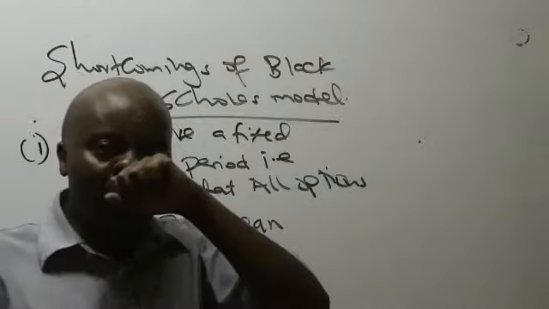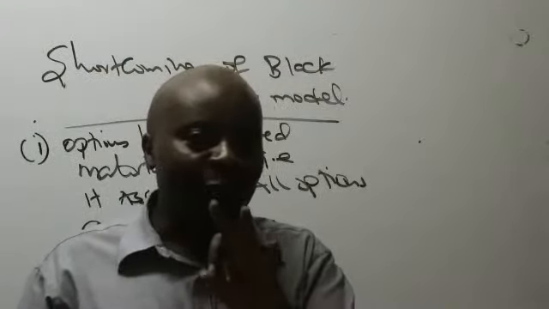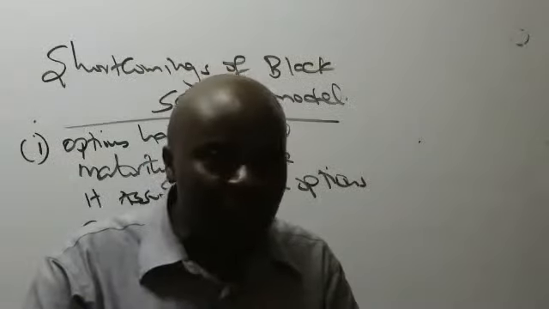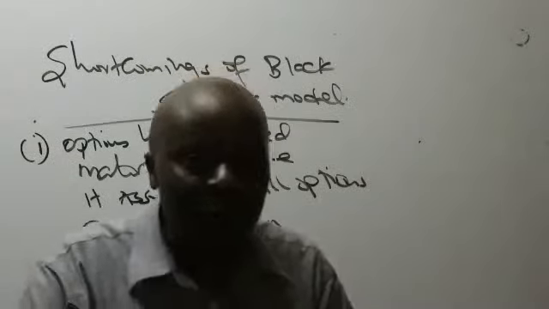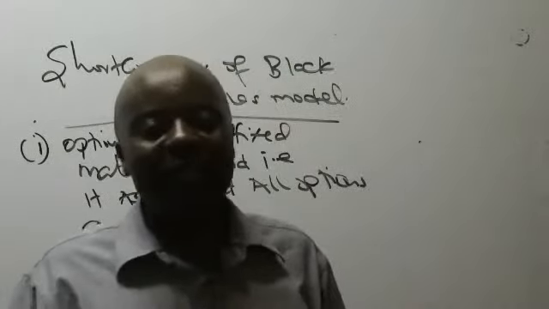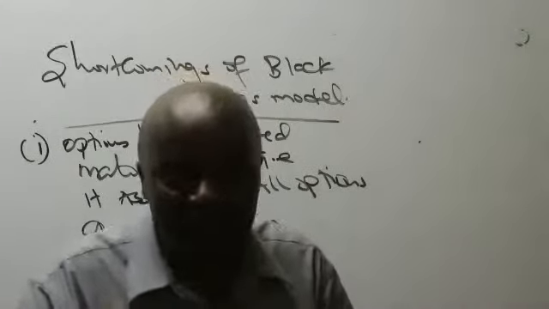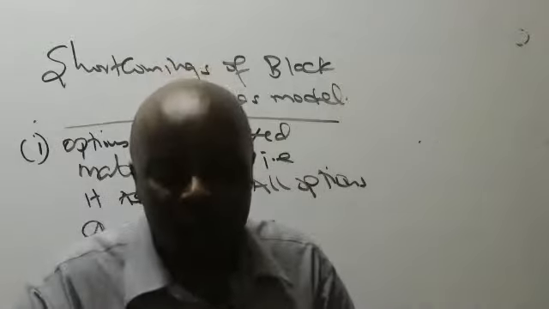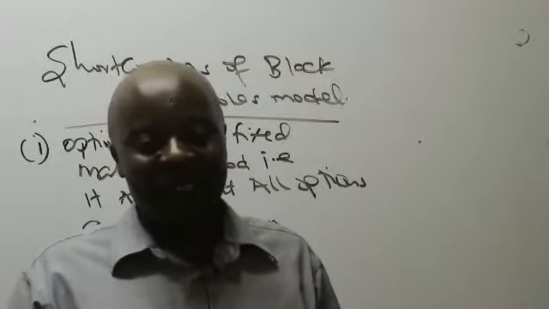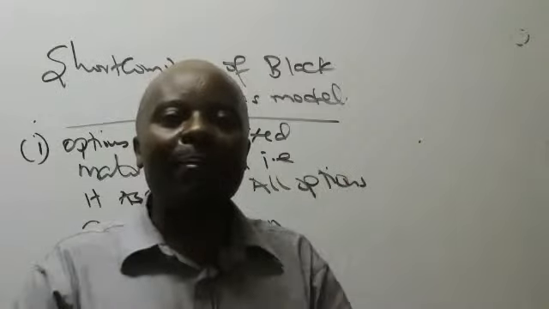Remember, in terms of maturity period, we've got three types of options: European options, American options, and Bermudan options. European options, you can only exercise them upon maturity.